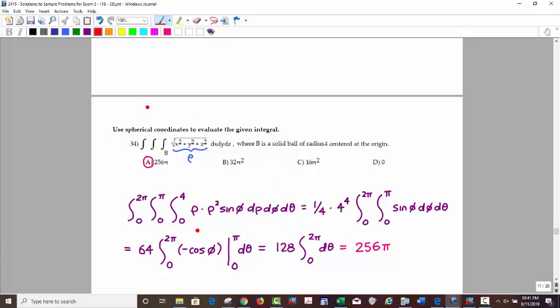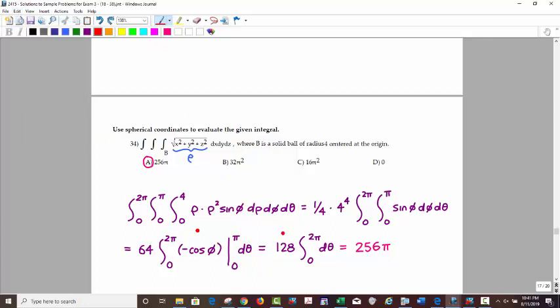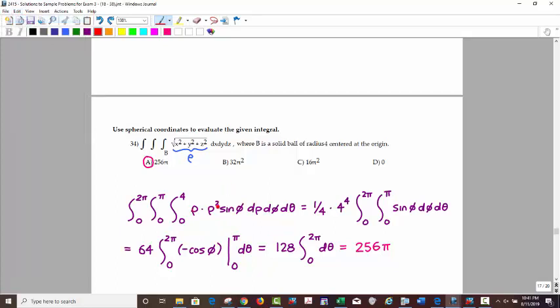Yep, so 0 to pi is the maximum for phi. All right, this is going to be pretty easy. So that's going to be pi rho cubed, and when you multiply them together, it's 1/4 rho to the 4th. I just plug the 4 in there, so it's 1/4 times 4 to the 4th, which will be 64.